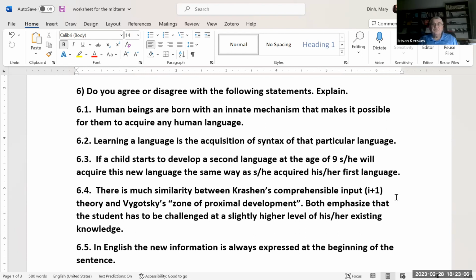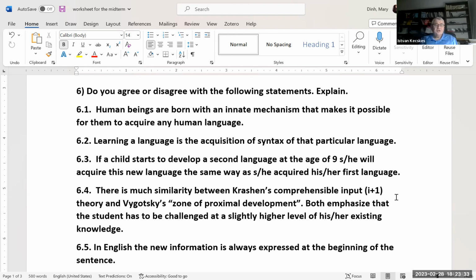So everything can be accepted if you explain it properly. So the explanation is crucial here, and not necessarily whether you agree or disagree, but what your argument is for disagreeing with that or agreeing with that, okay?